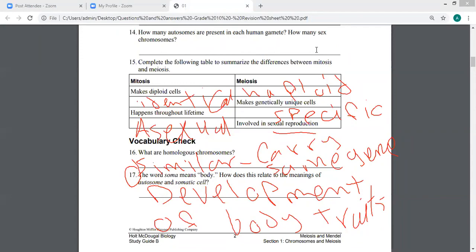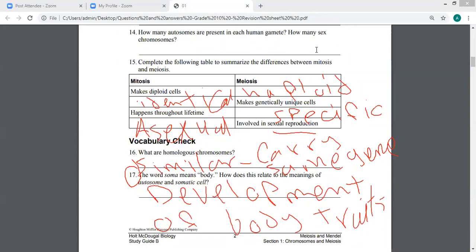You know that we have two types of chromosomes. We have body chromosomes, which are called autosomes, and sex chromosomes. To identify the sex of the person, you can use the sex chromosomes, not autosomes.